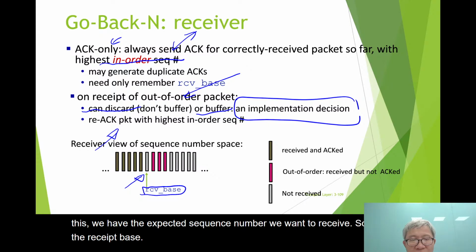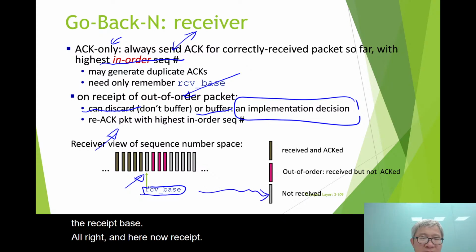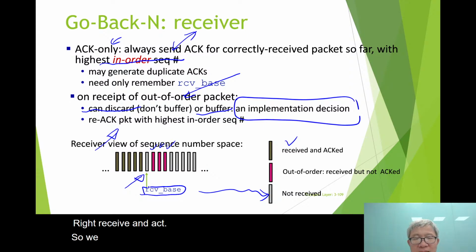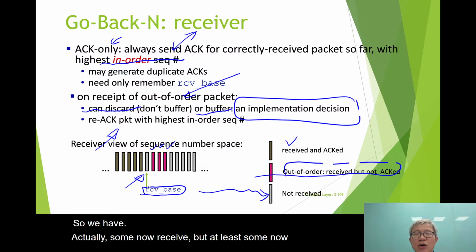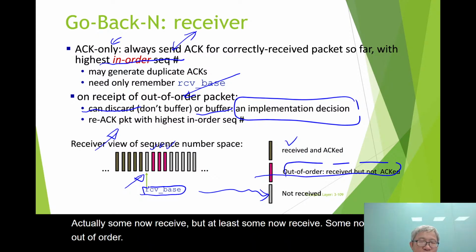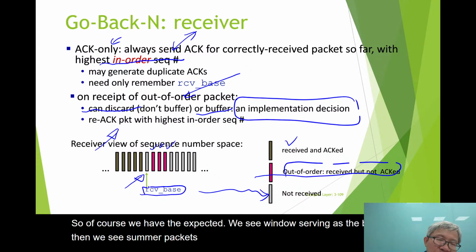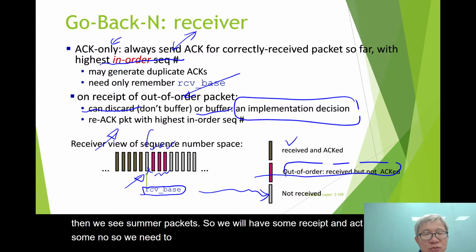Some packets are not yet received, and some we receive and ACK. Some are not received, so not ACKed, and they are out of order. The expected receive window serves as the base, and some packets are received and ACKed, but some are not. We need to wait for this packet, and then we will ACK it.